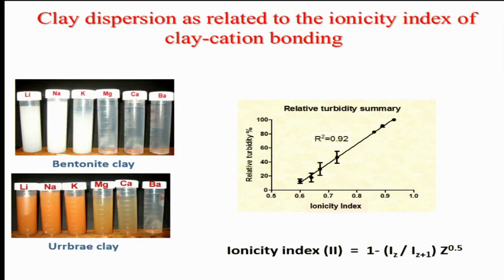If you plot the ionicity index against the relative turbidity of this clay, even Adbray soil clay, you can have a very good correlation. So we thought that the ionicity of clay-cation bonding is important in the dispersive reactions.